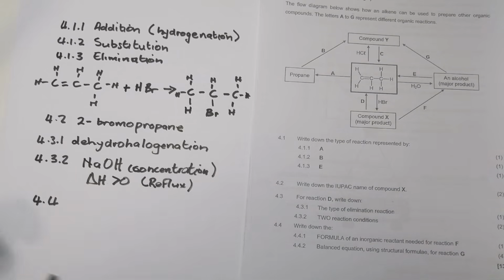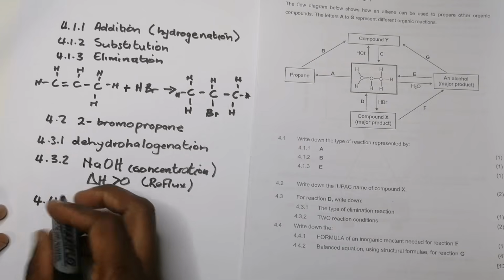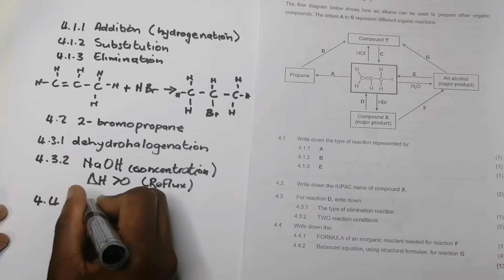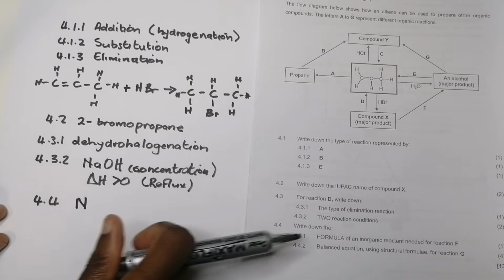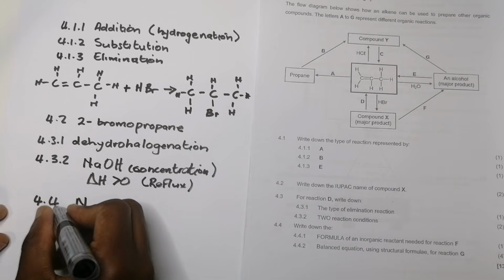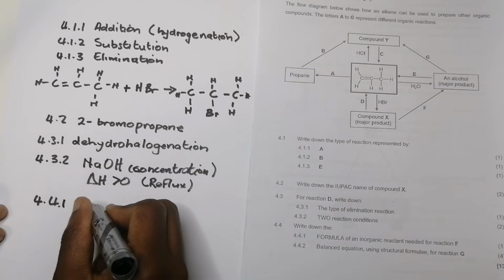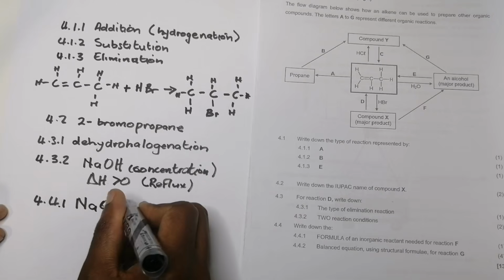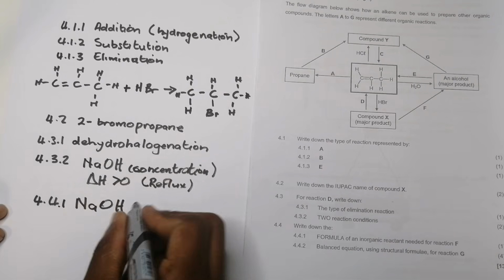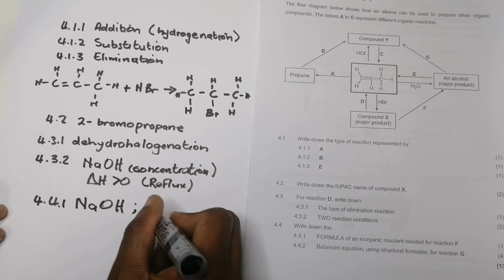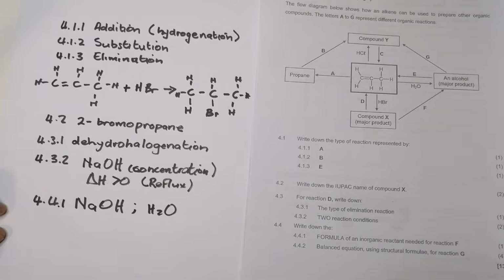So you would use sodium hydroxide. For 4.4.1, the inorganic reactant that's needed would be sodium hydroxide. You can also mention H2O. You'd be able to achieve that using water.